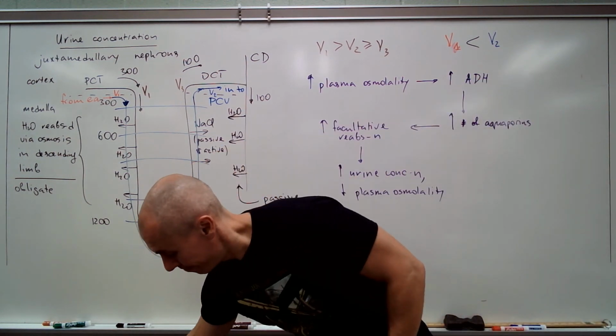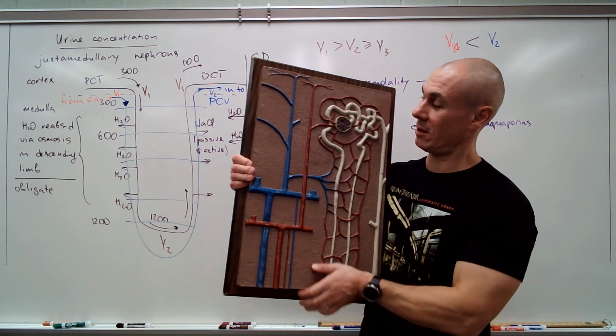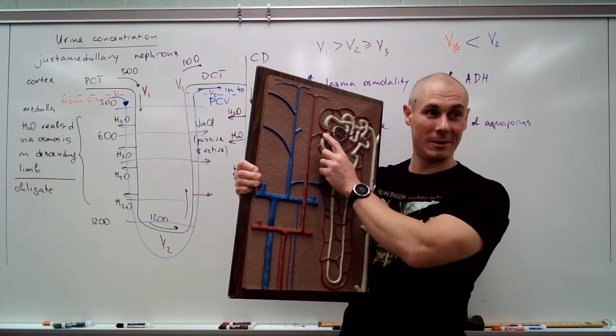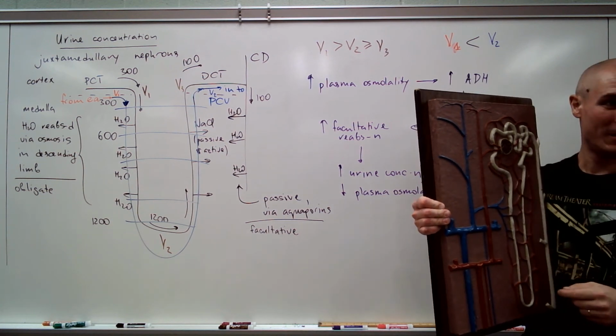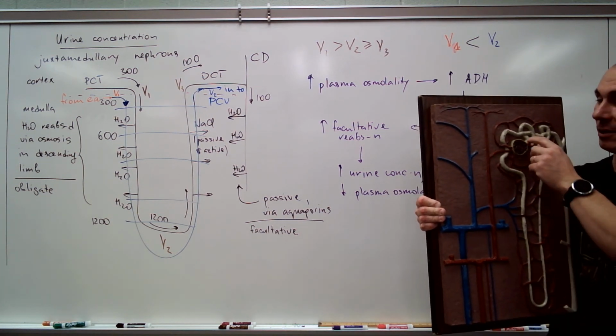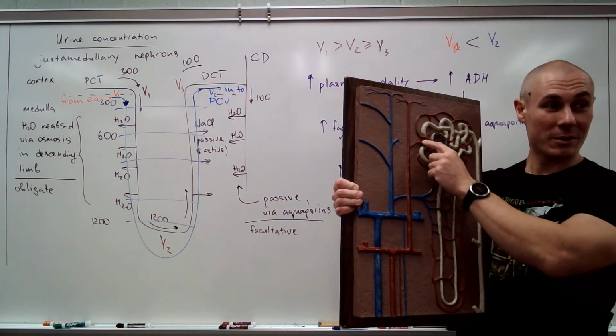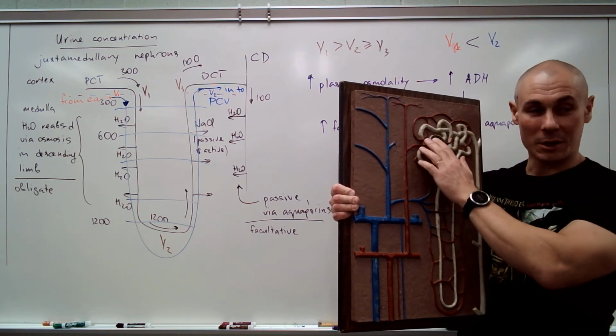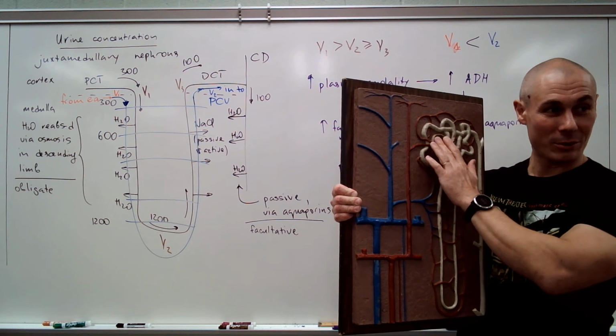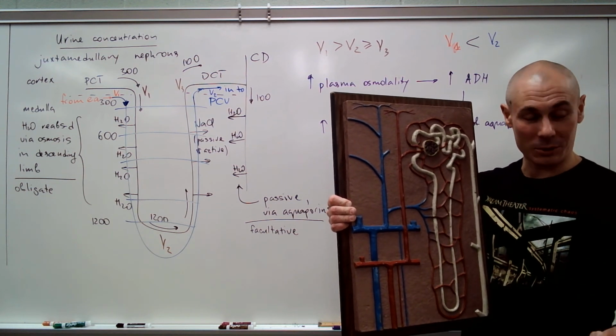Remember this afferent arteriole? Well, when vasopressin goes up, it's a vasoconstrictor, so the afferent arteriole will constrict. If it constricts, how does it change the blood flow through the glomerulus? Decrease. It goes down.